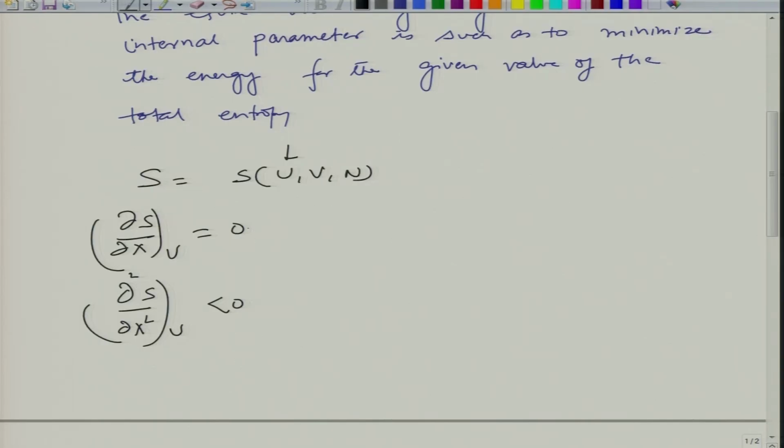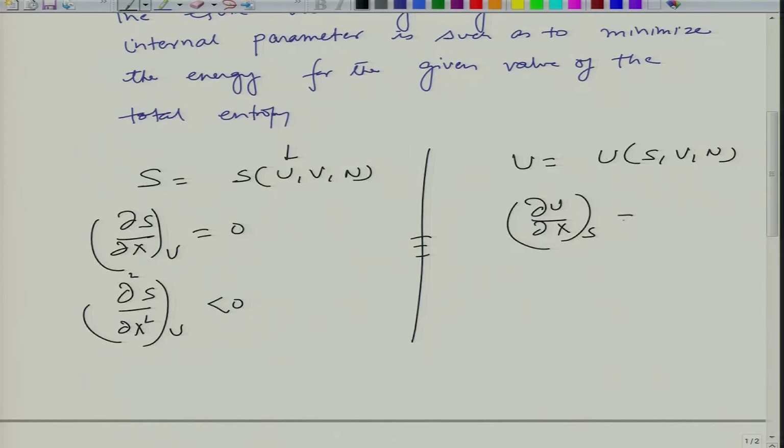This is the definition of the maximum: the first and second derivatives should be 0 and less than 0 respectively. Now this is equivalent to saying that if we consider U as a function of S, V, N, for a given total S, the energy should be minimum.